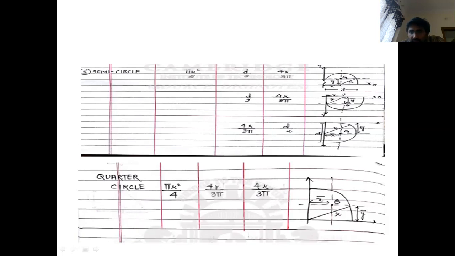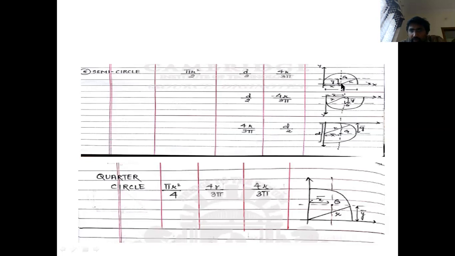But if you take the horizontal symmetrical axis, I cannot cut because the topmost one will not coincide exactly with the bottommost one. So in that condition, whatever we have derived in the previous case for the semicircle with reference to this reference axis, the distance from here to here will be 4r by 3 pi.